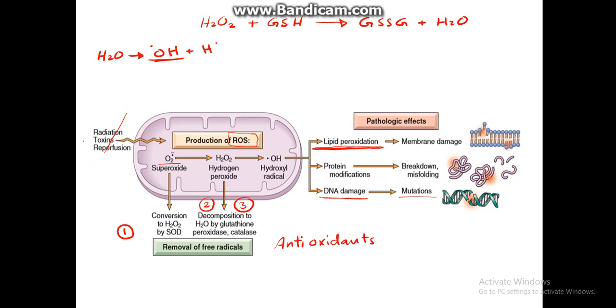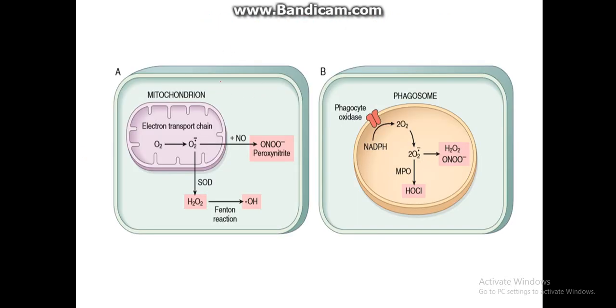Now let's talk about inflammation. This is, let's say, a lysosome. I'm sorry, a leukocyte. So this is a leukocyte, and it has a phagosome, or a phagolysosome. And that phagosome has an enzyme that is called NADPH oxidase. This is a really important enzyme because it turns oxygen into superoxide.